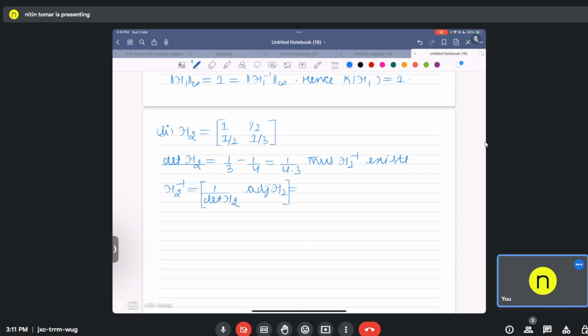So change the diagonal entries, change the sign of the non-diagonal entries, and then divide by the determinant, which will be 1/12 in this case. Am I correct? Yes, sir. Yes. So then you see it will be 4, minus 6 and 12.